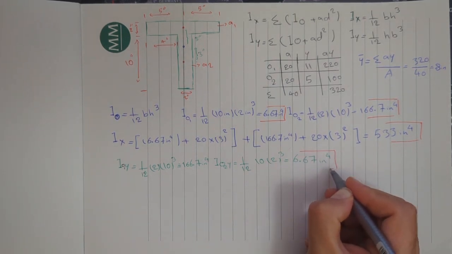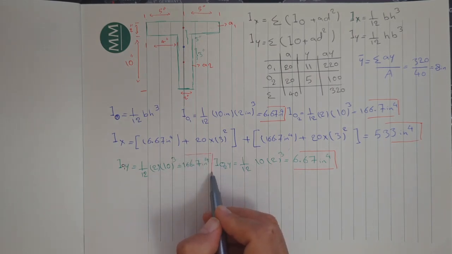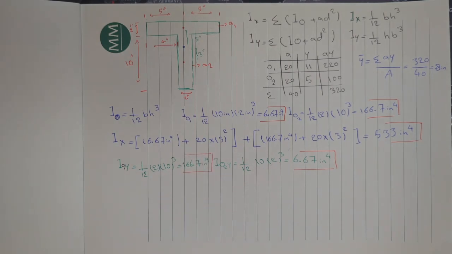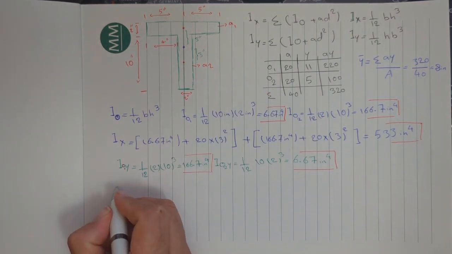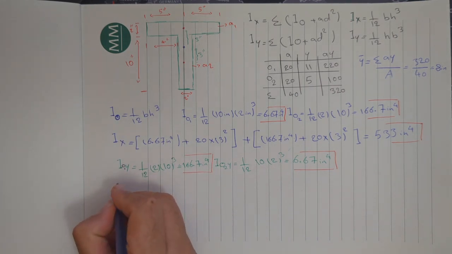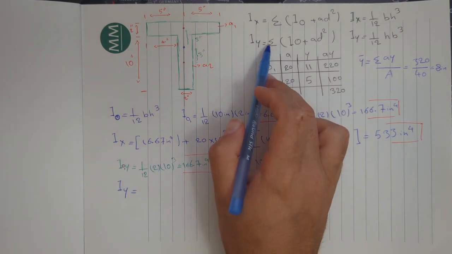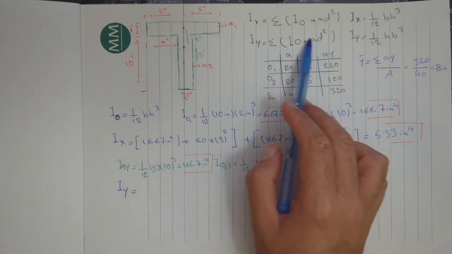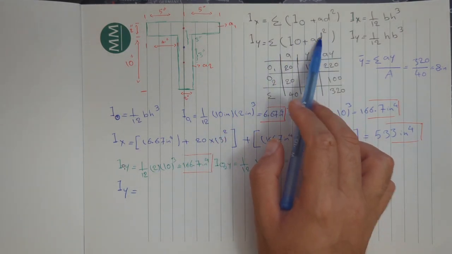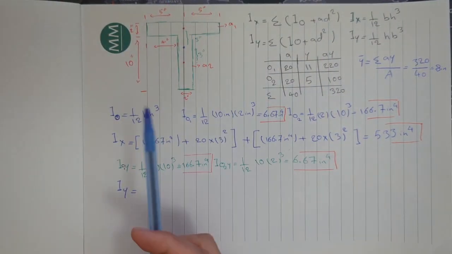So we have our Iy's. Now, based on our formula, write it down with blue again. Iy equals the sum of Io, since we don't have AD², because as I told you guys, it is symmetric in the y-axis.